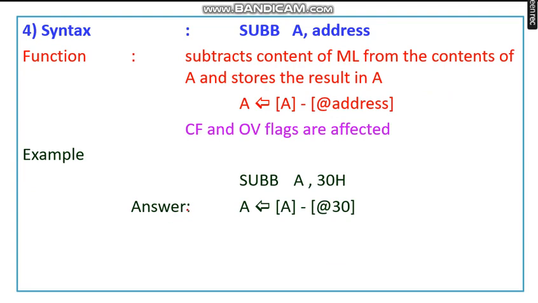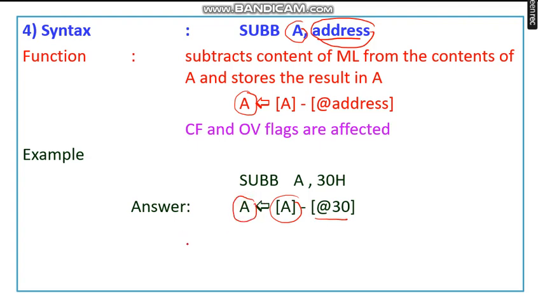Fourth syntax is, in this case here in the instruction itself the memory address is given. So content of location pointed by address is subtracted from content of A and the result is stored in A itself. So here if we write SUBB A, 30H, go to address 30H, that data is subtracted from content of A and the answer is stored in A itself.